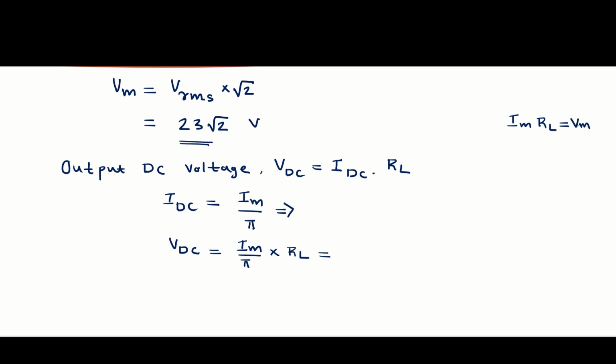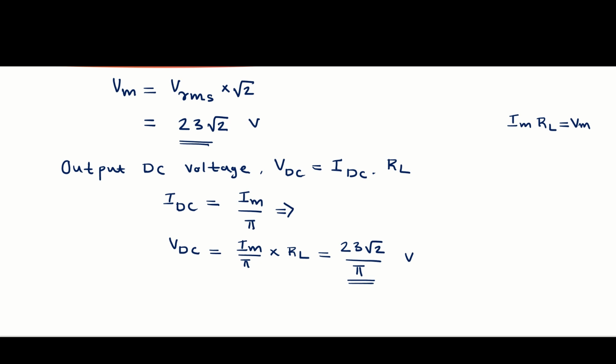We know the value of Vm, which is 23 into root 2 divided by pi. So this is the value of VDC, the DC output voltage.